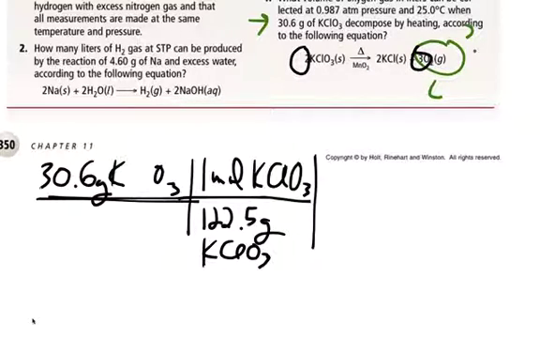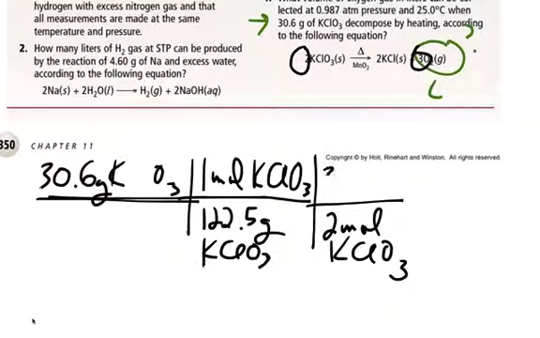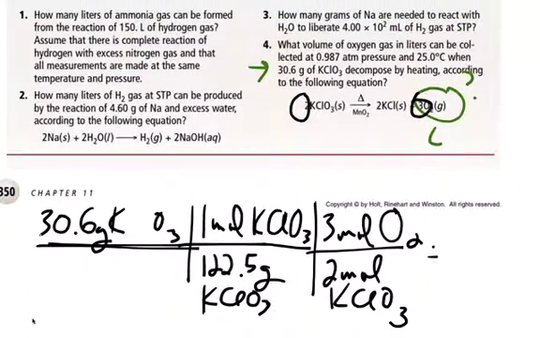Now I look at the ratio, it is 2 to 3. So 2 moles of KClO3 gives me 3 moles of oxygen. And now here is normally, again, if it was at STP, we could throw in that molar volume of gas. We could put in 22.4. But notice we are not quite at our STP.